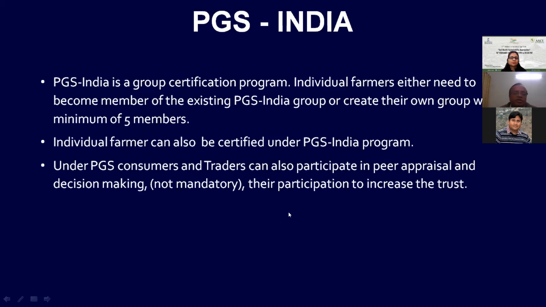In this PGS certification system, a unique arrangement can be made with the trader at the beginning of the crop itself. The trader can become a peer inspector along with the farmer, so that there is confidence in each other.